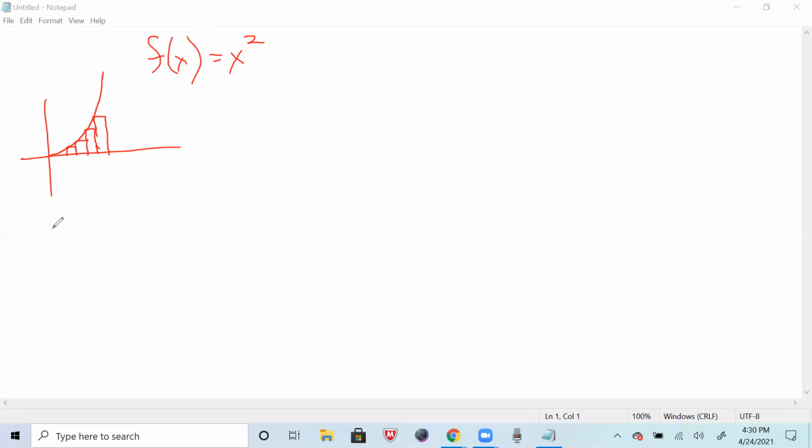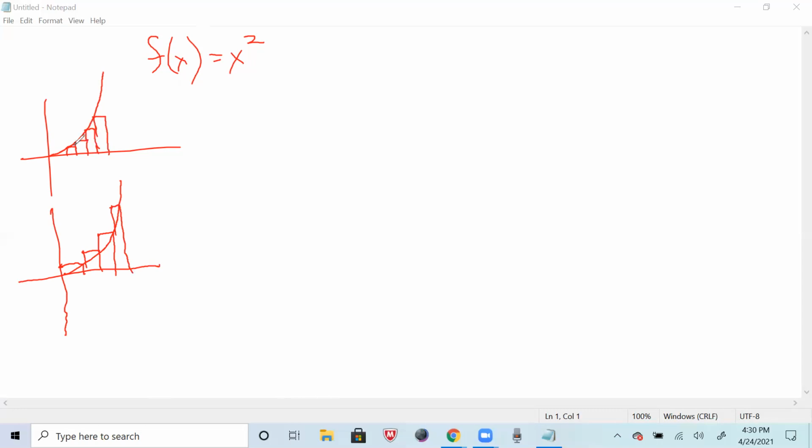If I were to look at right endpoints, it looks a little different. The first rectangle goes right here, the next one right there, the third one there, and the fourth one there.